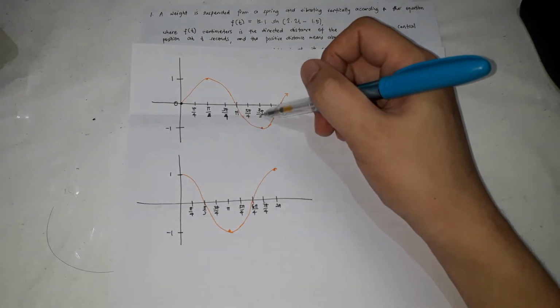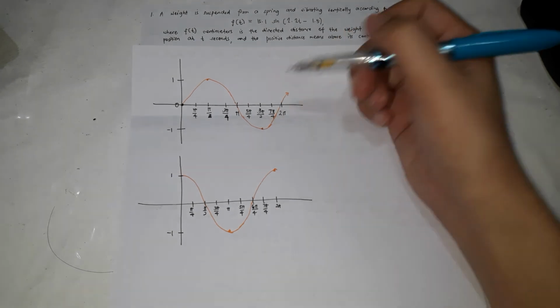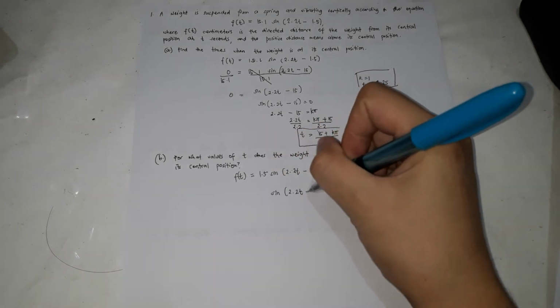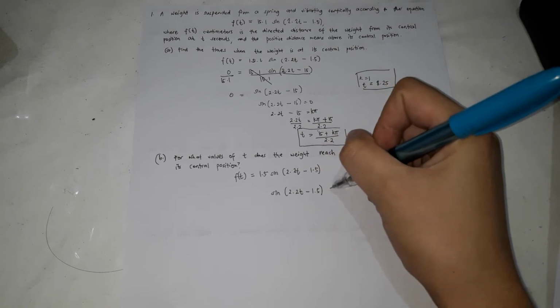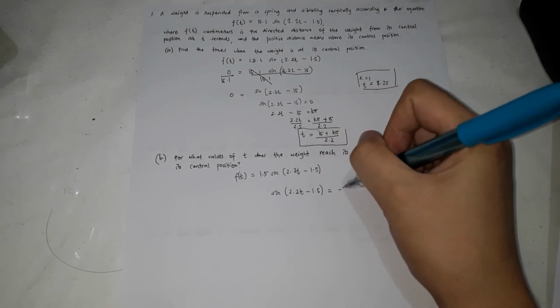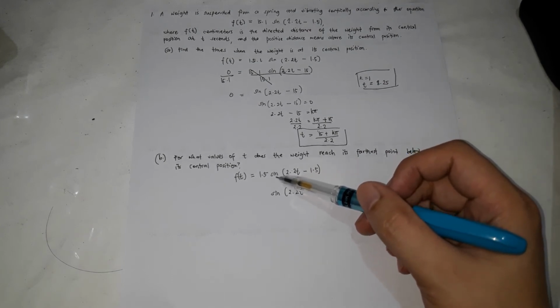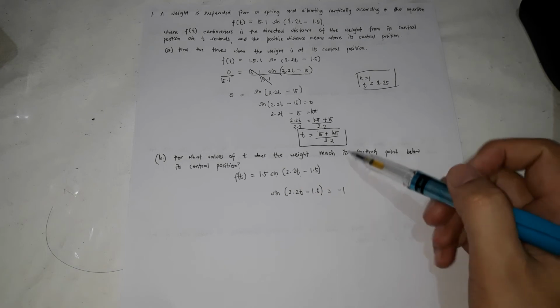And what angle would it be? That's 3 pi over 2. So sine (2.2t minus 1.5) is equal to -1. That's the value where it is the lowest. It will be at the lowest if the sine of this is equal to -1.